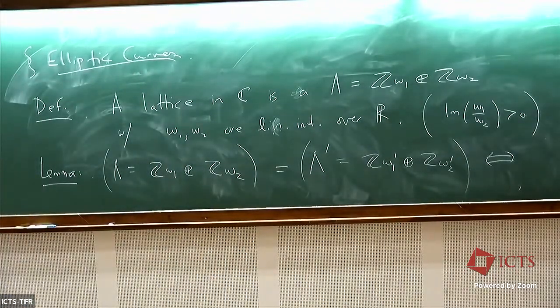So there should be a matrix in GL2Z which takes one to the other. But because of this condition that the imaginary part of omega 1 over omega 2 is greater than 0, your matrix better lie in SL2Z. Otherwise, it'll take something from the upper half plane to the lower half plane.